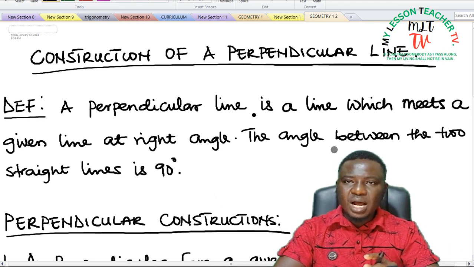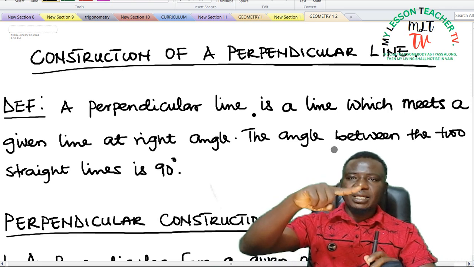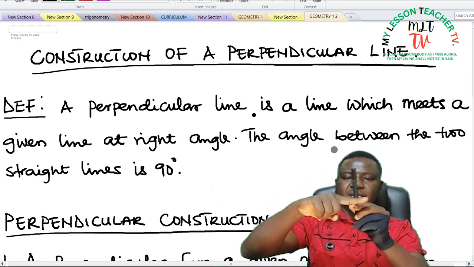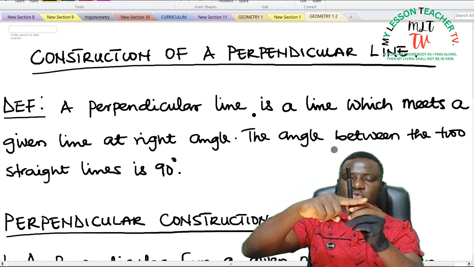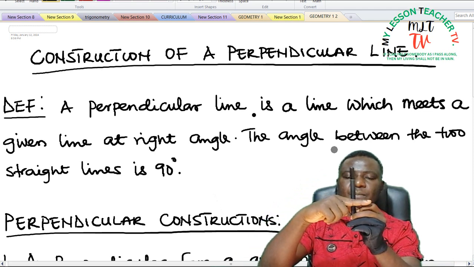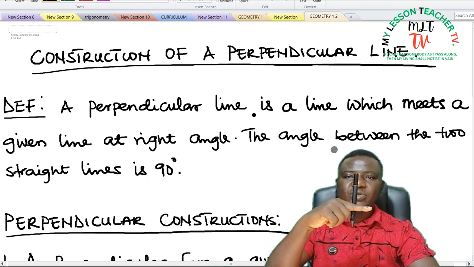That is what we refer to as a perpendicular line. Now, if you have a horizontal line and a vertical line at this point, we can say that these two lines are perpendicular because the angle formed, which is this angle, is 90 degrees.